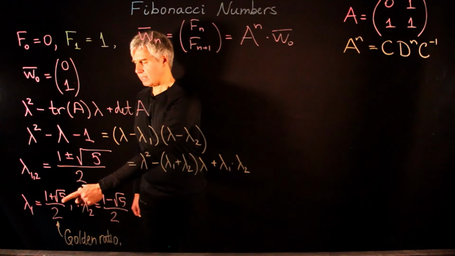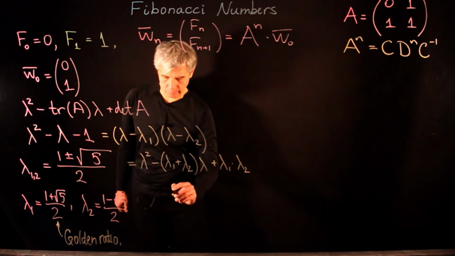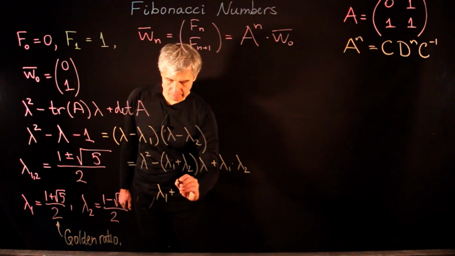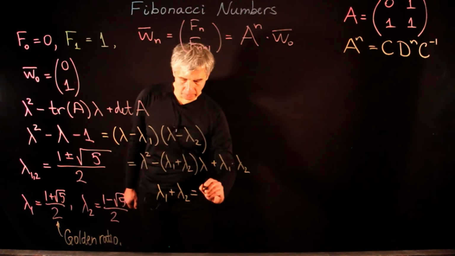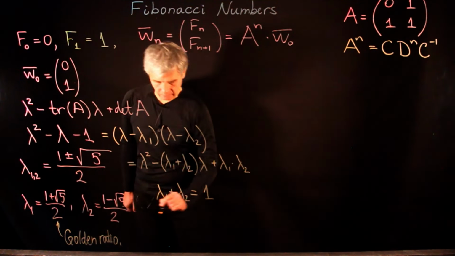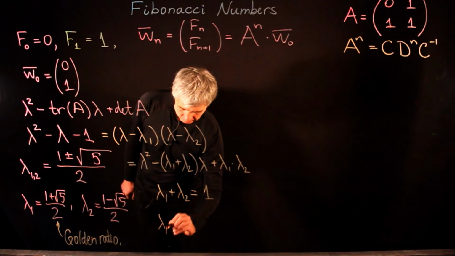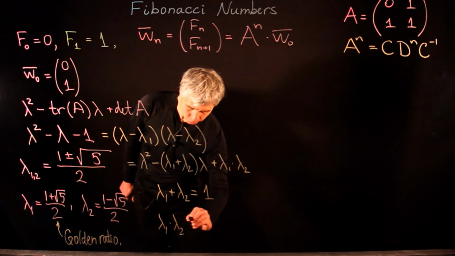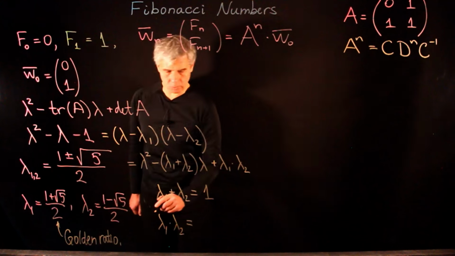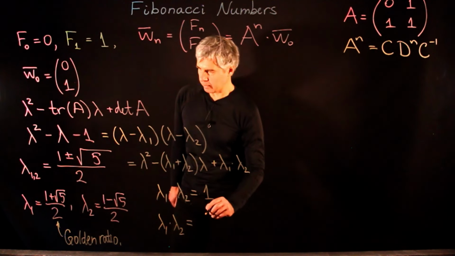From here, we can see some properties of this pair of numbers. Lambda 1 plus lambda 2 is equal to 1. Well, that's easy to see. But what's more interesting, and that we will use later on, is that the product of these two eigenvalues is equal to negative 1.